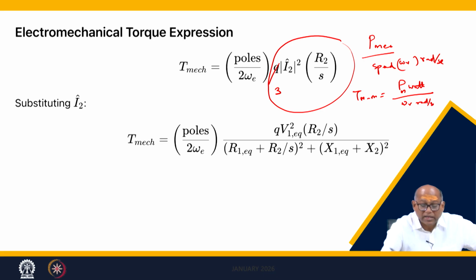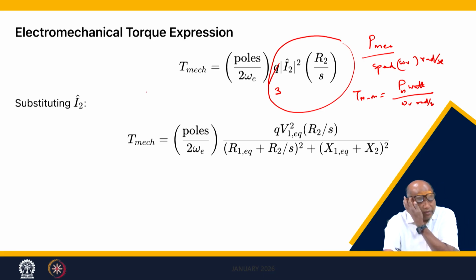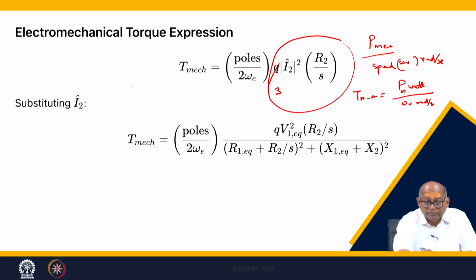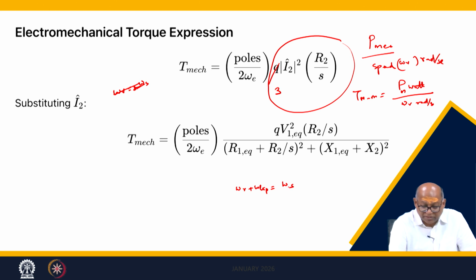And what is omega r? Omega r is equal to the synchronous speed into slip, 1 minus s, because the omega r plus omega slip is equal to the stator synchronous speed.